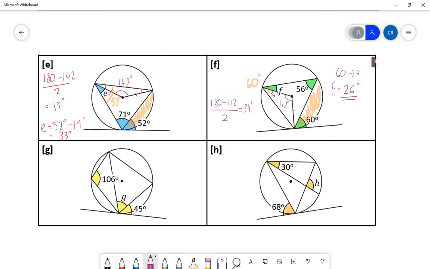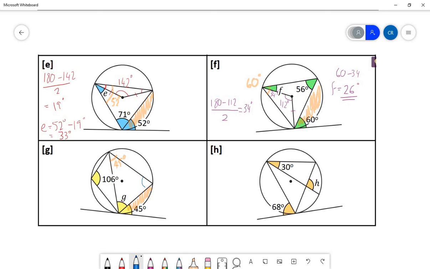Okay, right, let's have a look at the next one. We have a tangent, we have a chord, so we colour in this segment where the angle is marked. Then we look to where we stretch right across. We can see that the angle here is going to be our matching 45 degrees. Now if we're finding G, we have a triangle here, but we don't know the missing angle there.